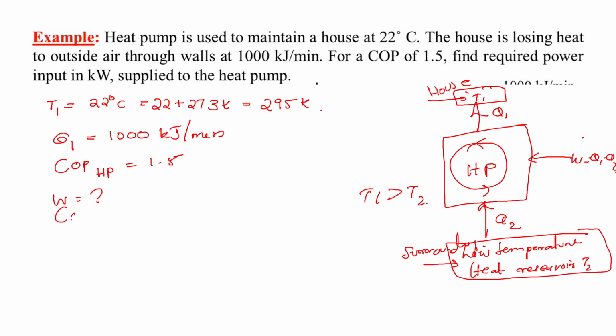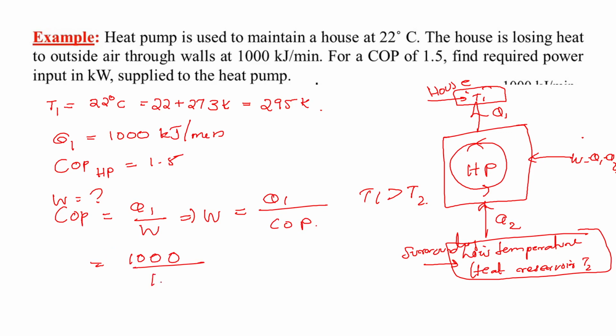Now from the COP equation you know that it will be Q1 divided by W. From here you can write W is equal to Q1 divided by COP. So from the question itself Q1 is given, 1000 divided by 1.5. So it will be 666.6667 kilojoule per minute. Okay.